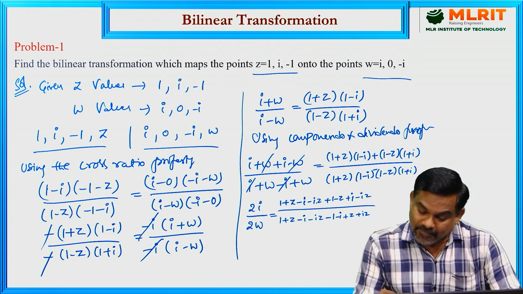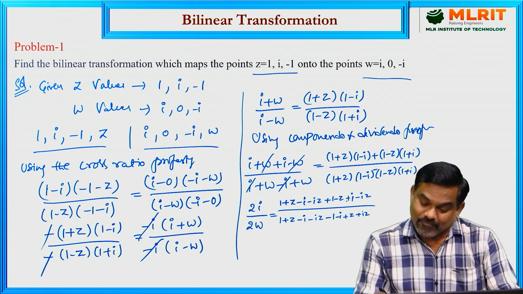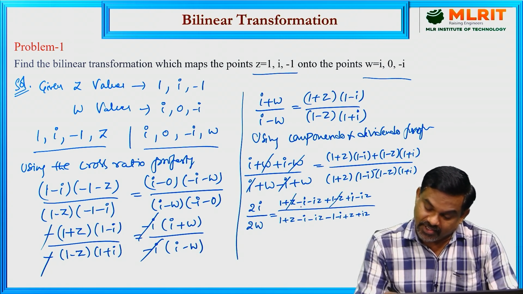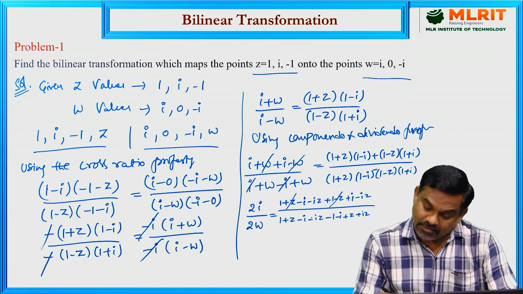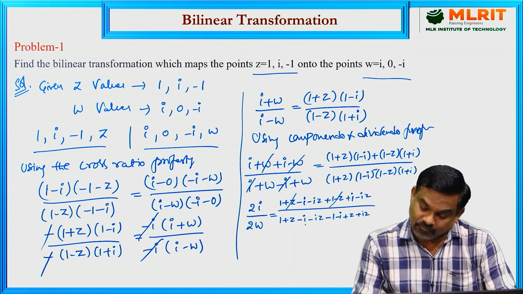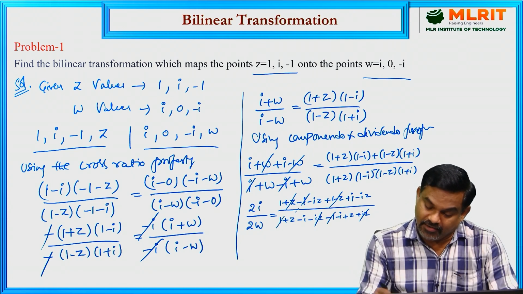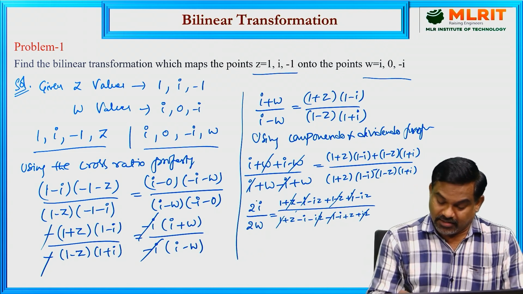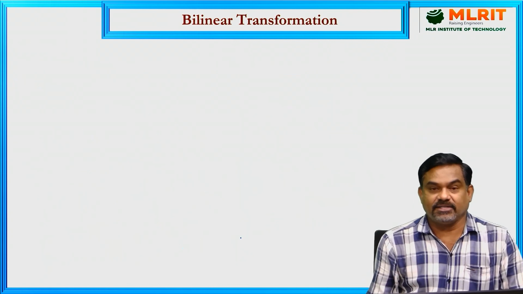So here in the numerator, plus z minus z cancel, then in the denominator plus iz minus iz, plus 1 minus 1 cancel, and here minus i plus i cancel. So we get, and 2 gets cancelled.